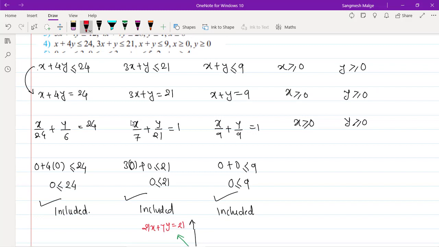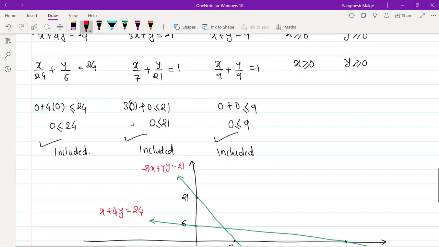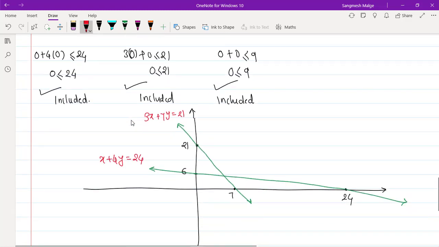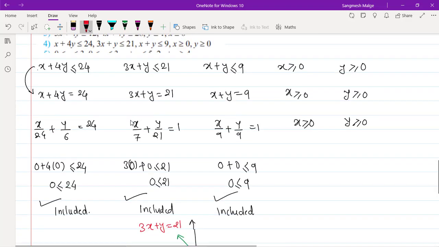So it's 3x plus y equals 21. Sorry, it's 21. Okay, 3x plus y equals 21.